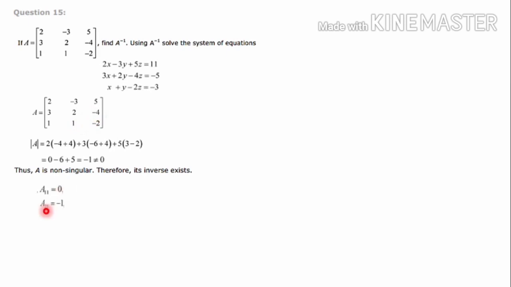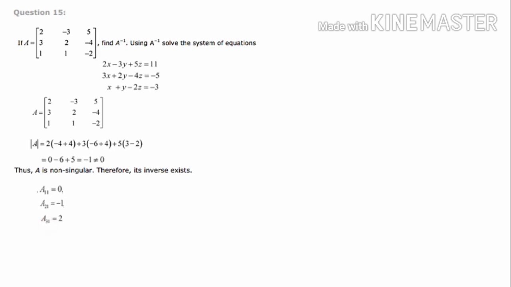A21 means 2 plus 1, 3. 3 is an odd number, so there is a minus sign outside. Then second row, first column. Second row, first element is 3. So 3, if you take, that row and column is gone. Minus 3 into minus 2, that is 6. Minus 5. 6 minus 5 is 1. Already I said there was a minus sign outside. So minus 1 is the final answer.